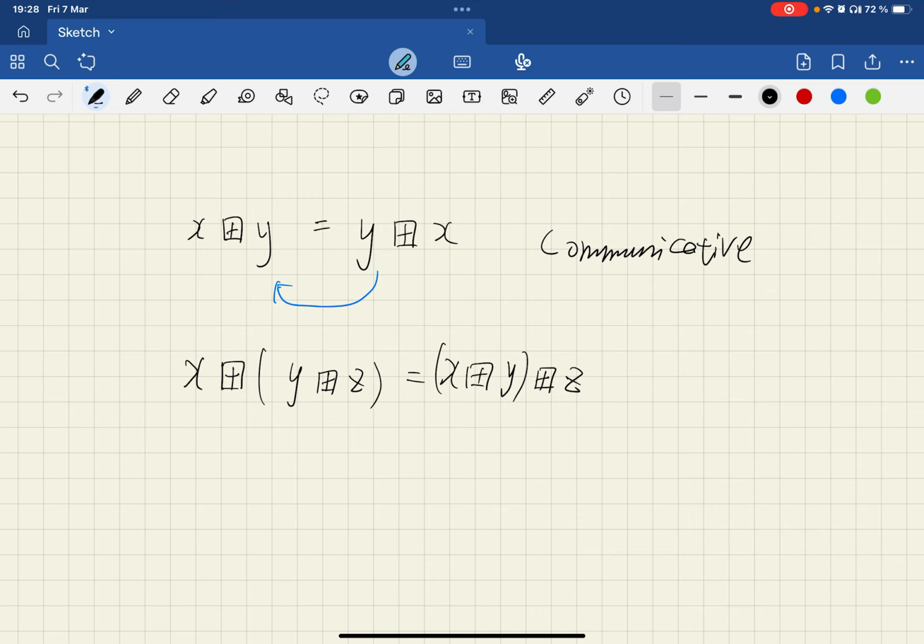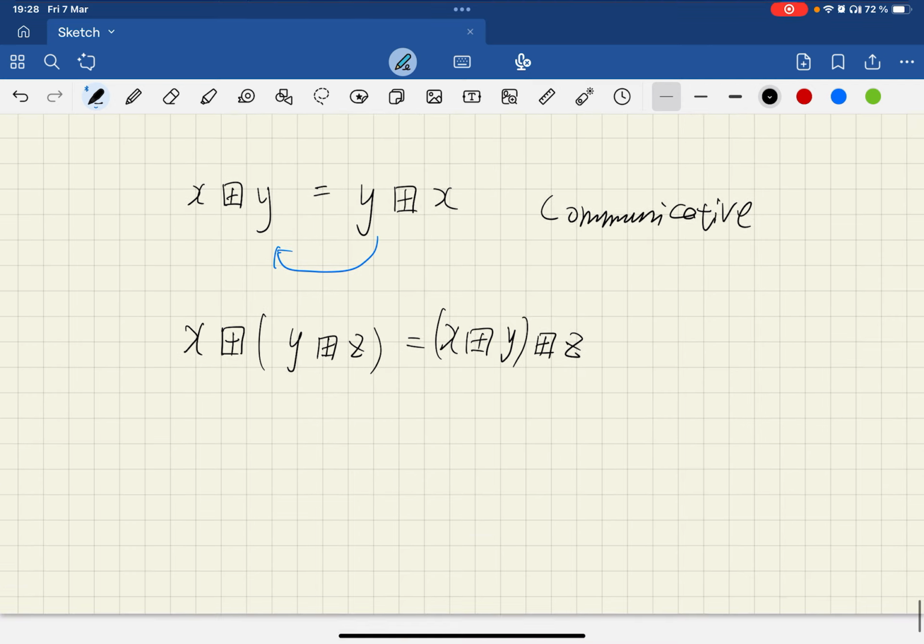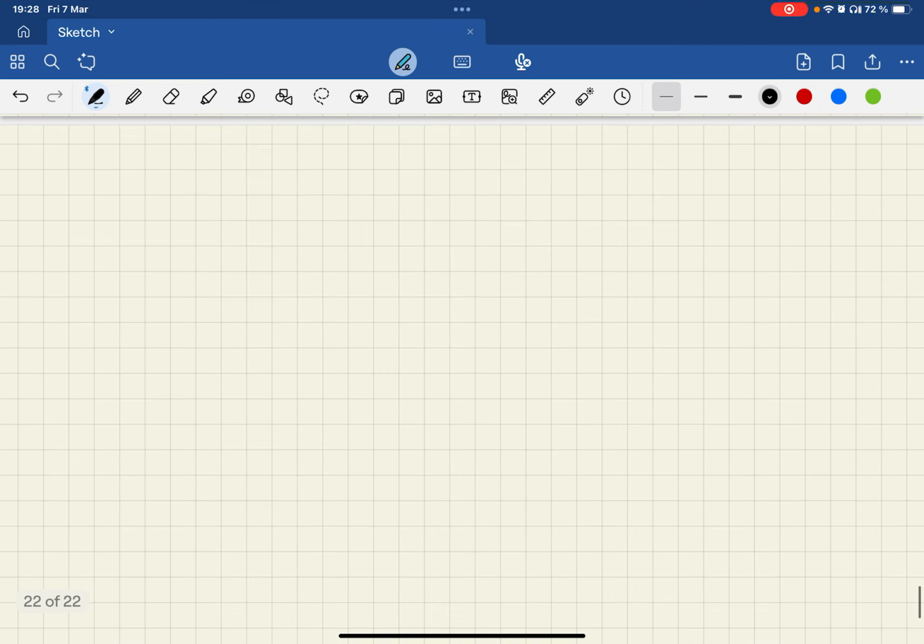So let's think about some solid examples. Is there any binary operation that is not commutative? Yeah, subtraction.